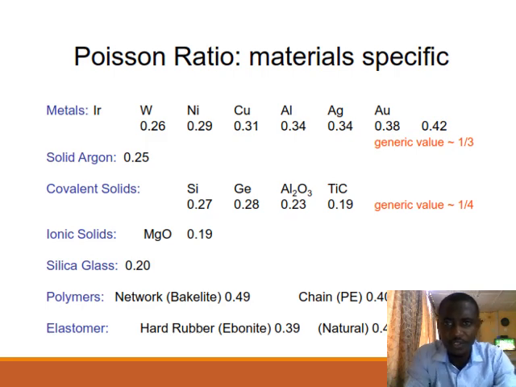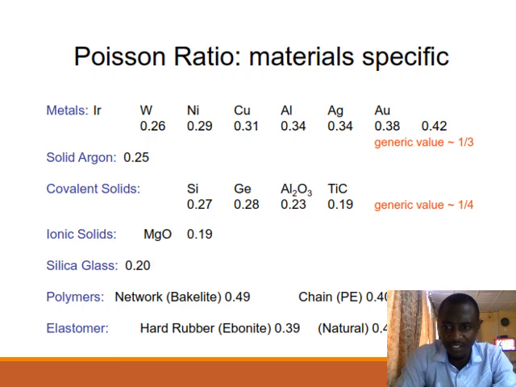In this slide, what you have is a list of classes of materials and their respective Poisson ratio. What you will notice is for metals, you can see the range of their Poisson ratio. For tungsten, for instance, you have 0.26, for nickel 0.29, for copper 0.31. And then if you come down to polymeric materials, you see they have a higher Poisson ratio, and for elastomers you have 0.39.